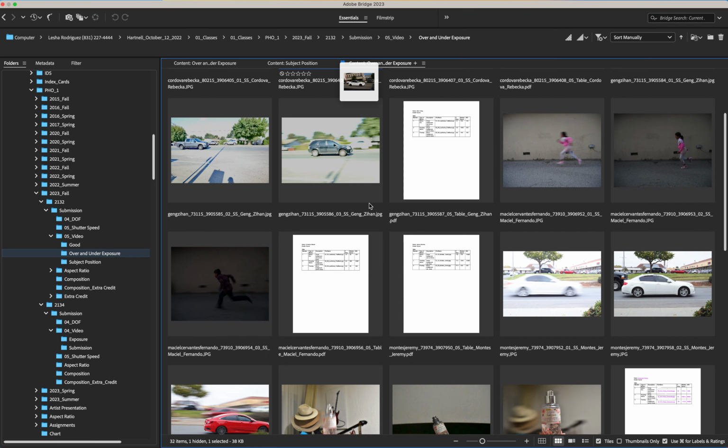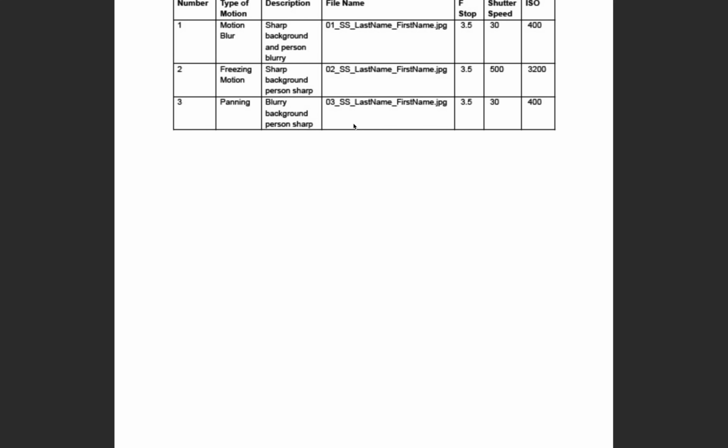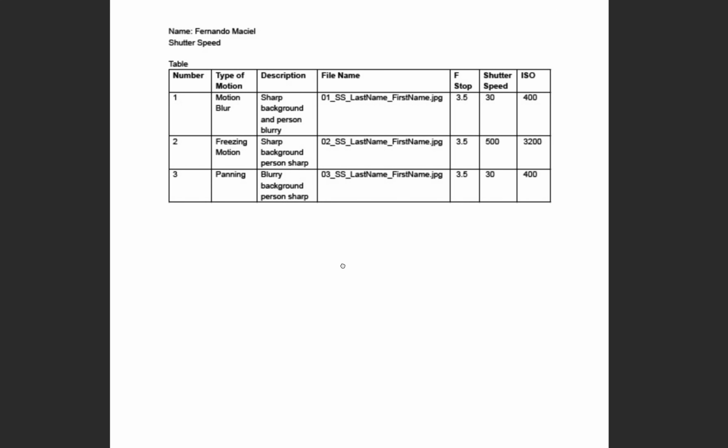So these images are underexposed. We need to let in more light. The easiest thing to do, with the shutter speeds fine, would be to increase your ISO from 400 to 800. Now at number 2 he went to 3,200, but it was still too dark.